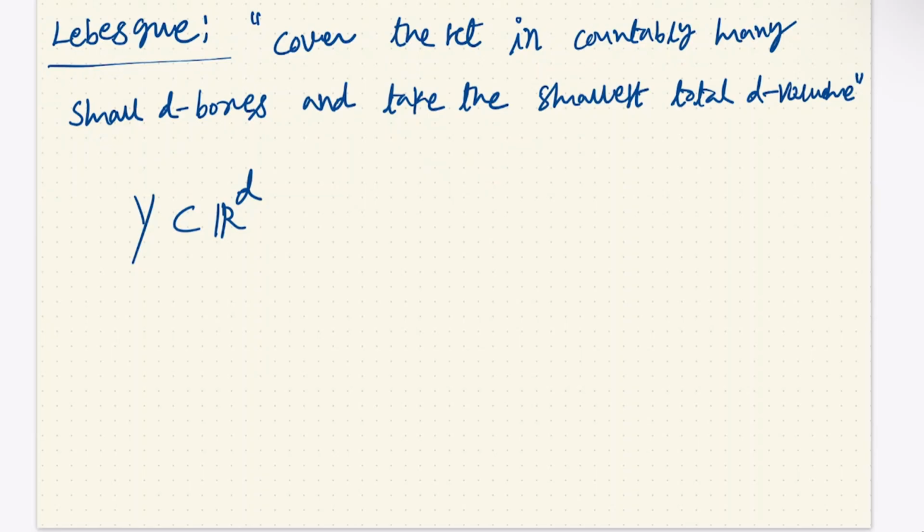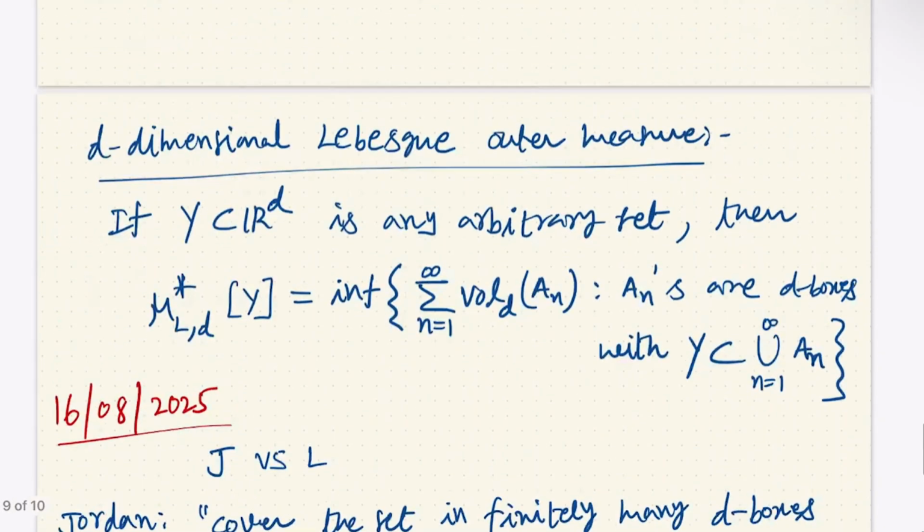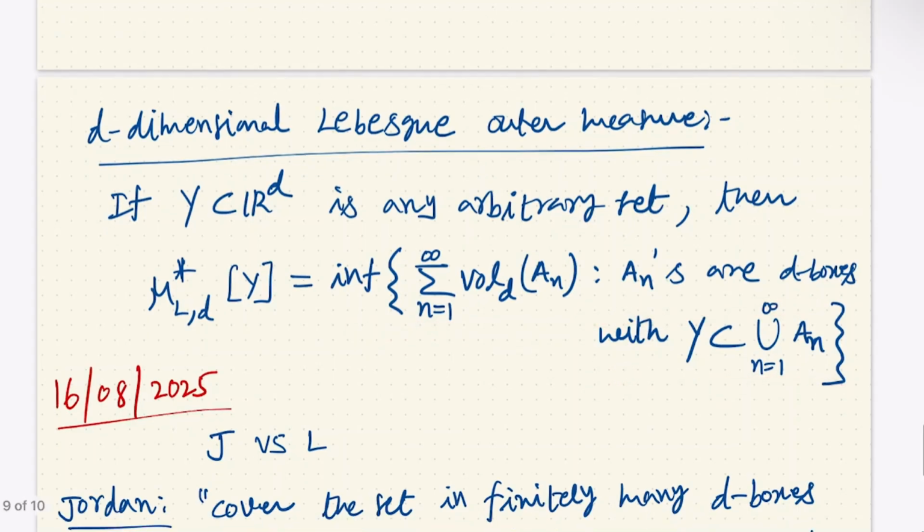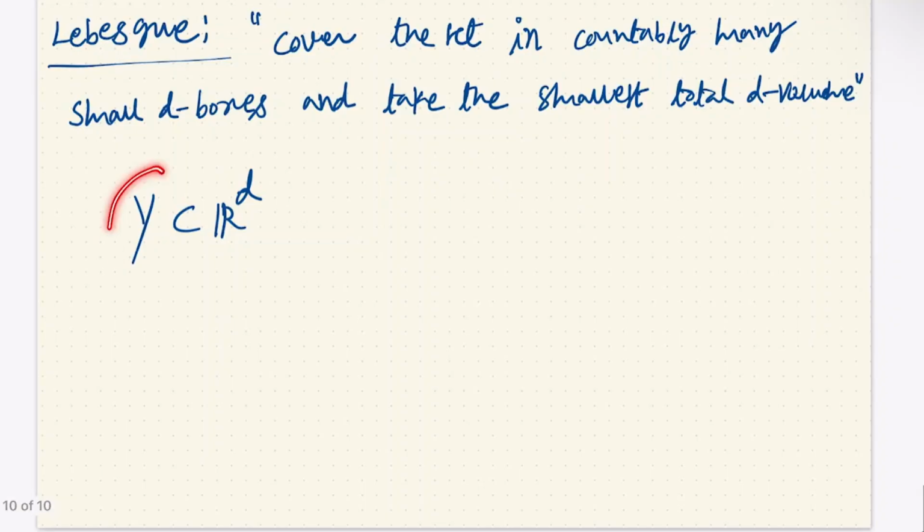If we cannot express it in either Jordan or Lebesgue terms, with some smallest total D volume such that Y is covered by the smallest D boxes, what is the problem with it?